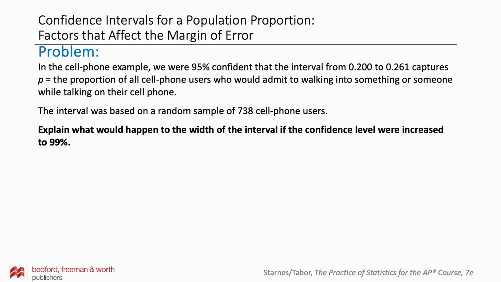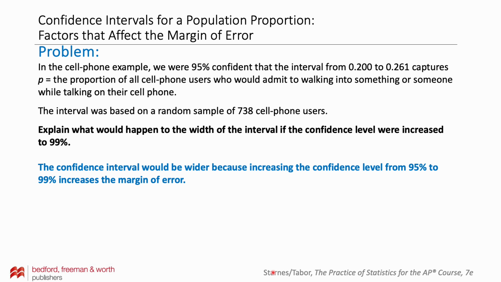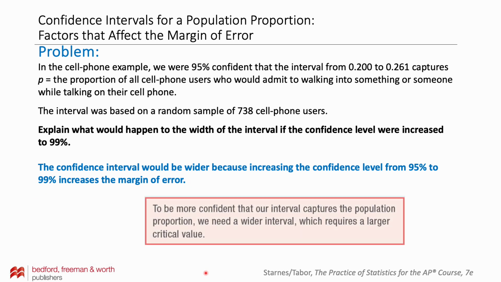So we are changing from a 95% confidence interval to a 99% confidence interval. The confidence interval would be wider, because increasing the confidence level from 95 to 99% increases our margin of error. To be more confident that our interval captures the population parameter, we need a wider interval, which requires a larger critical value, which we're going to cover in our next section.